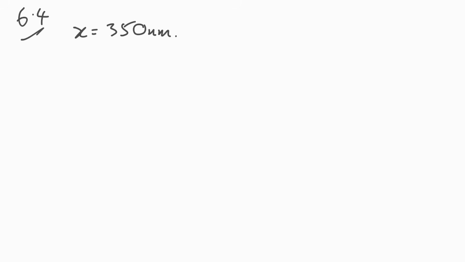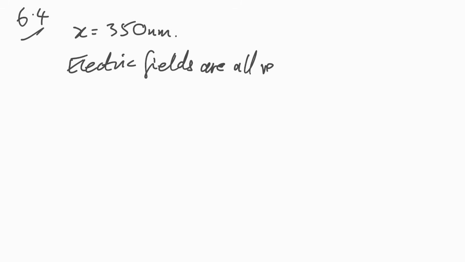Right. Okay, so they want to get to a lower volt potential, rather. So they want to go down. And so that means that if it's at 350 nanometers, then it will go to the right. No, of course not. Right, let's have a think about this. Look, electric fields are all relative to positive charges, or they affect positive charges.